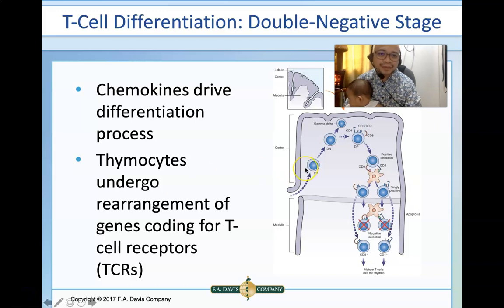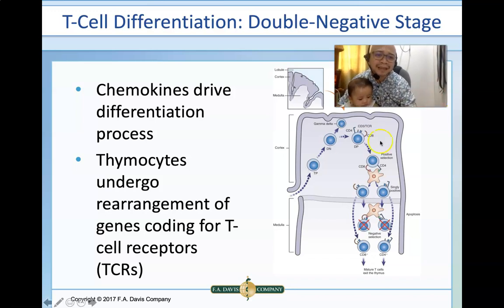So if they have been selected to become positive upon interaction with either dendritic cells or macrophages, either of the two are examples of antigen presenting cells, some of them become CD4 positive, CD8 positive. So these are just singly positive lymphocytes.